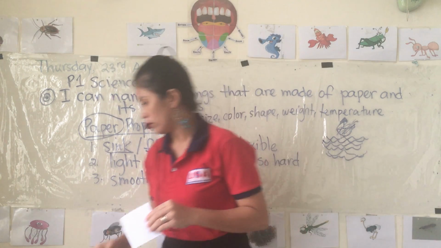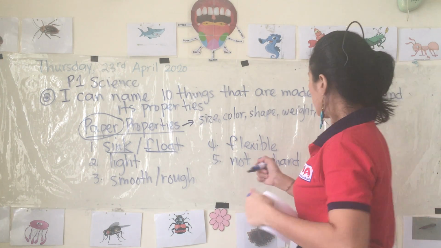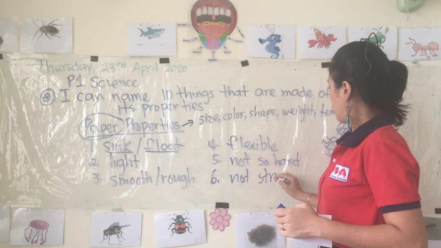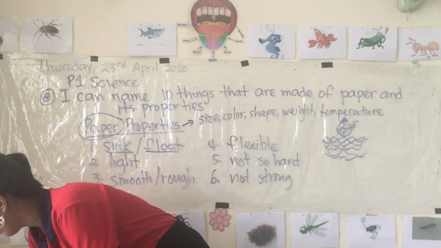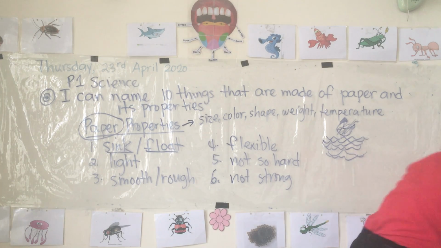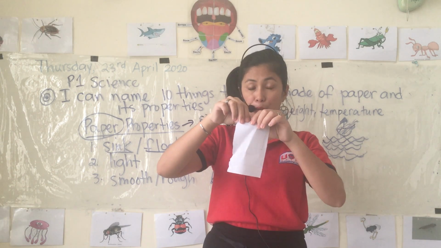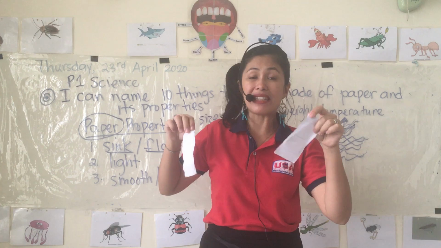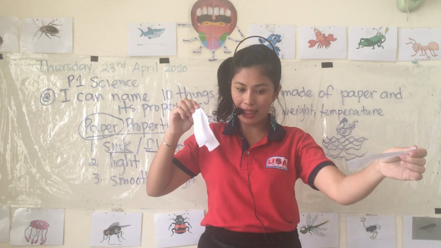All right, and paper is not strong. I forgot to write not strong. Why? Not strong because when you put force into it, look, let me check a paper. So like this, if I put force into it, it can easily be torn, meaning I can easily break it, like that.